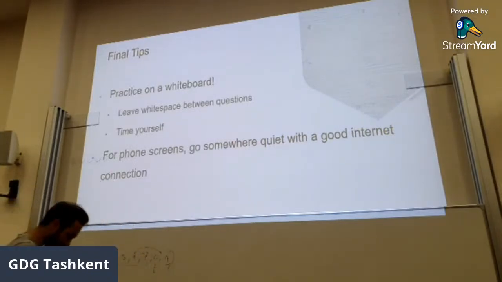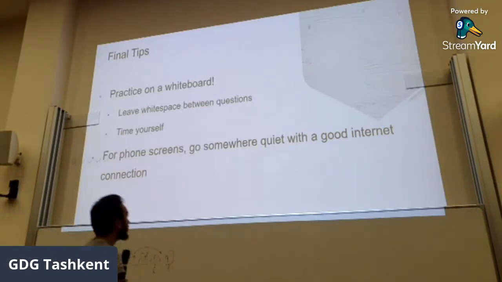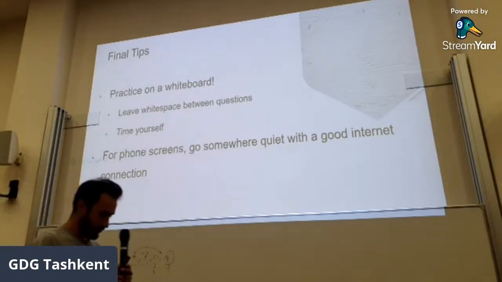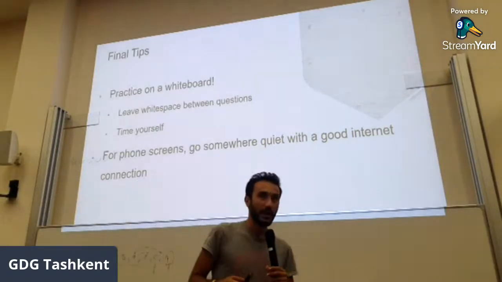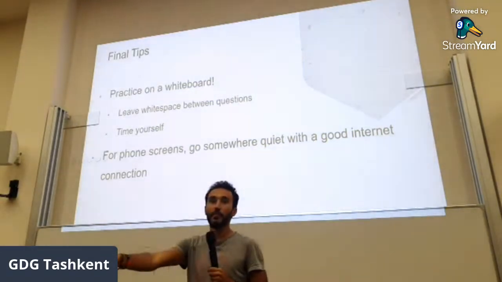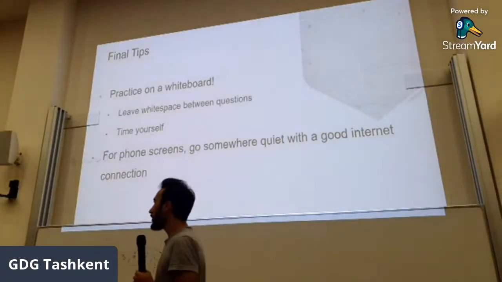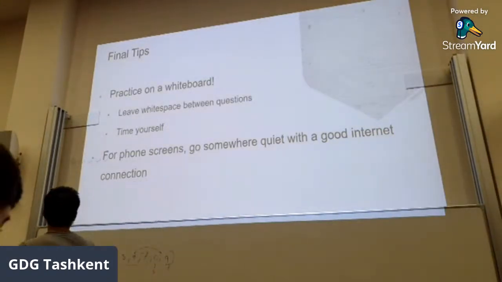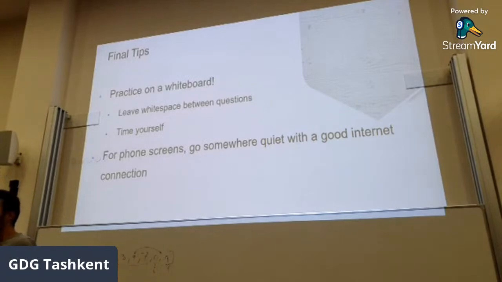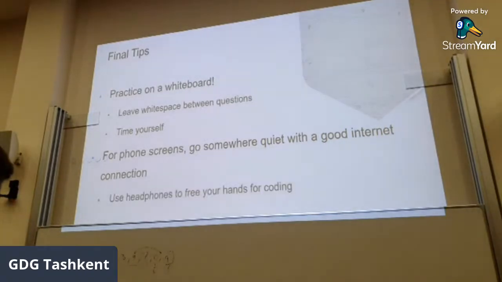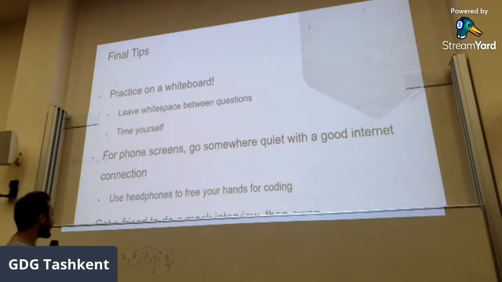So if you're writing your code, leave some white space. Time yourself. It's very important to time yourself and practice with somebody. Have a timer. Time management is one of the hardest things. If you're doing a code review, make sure you have a good connection and use headphones.